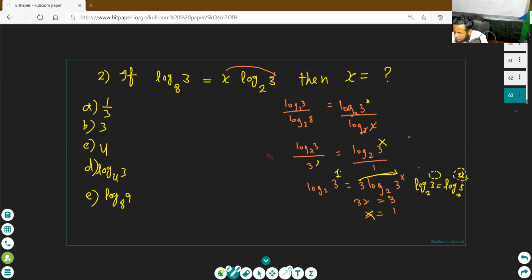You should equal to 1. Clear or not clear? Then correct it. 3x is equal to 1 and x is equal to... you should not make the mistake. We are doing the powers equal.